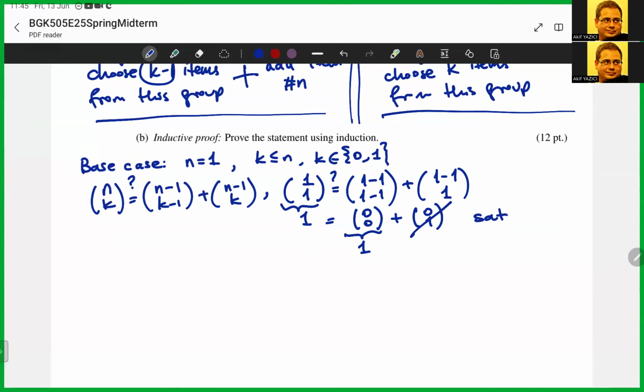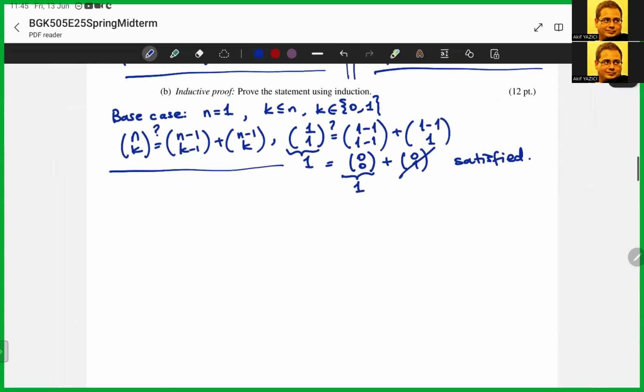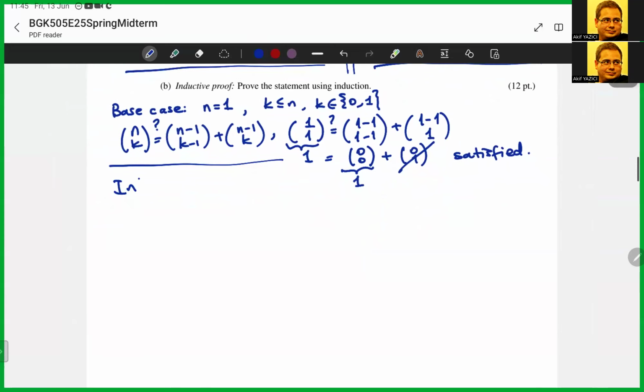Okay, now I'm going to move on to the inductive case. What is important here is that you have to remember how mathematical induction is formulated. In the inductive case, I have an inductive hypothesis, and based on that, I am going to show an implication is satisfied.